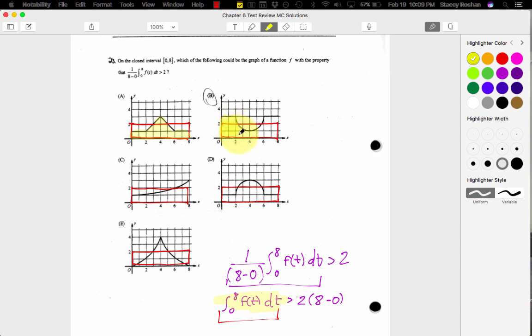And so once I draw this in, I think it's going to become pretty clear that the only one where the yellow is clearly greater than the red, and the red would just be if I shaded that whole thing in. So you can see that this one just goes up a tad bit, but goes down more.